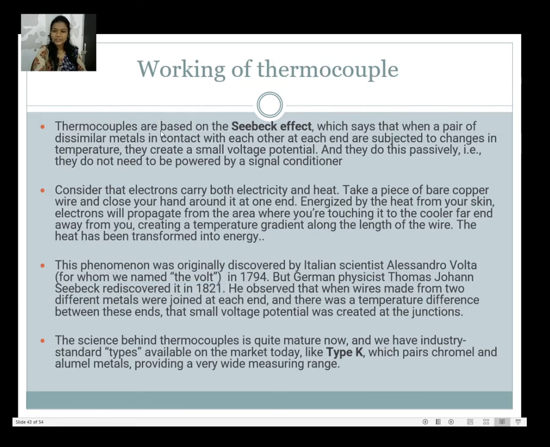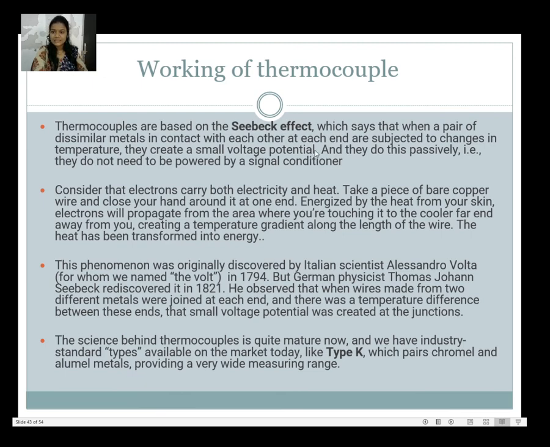The thermocouple is based on the Seebeck effect. What is meant by the Seebeck effect? It says that when a pair of dissimilar metals in contact with each other at each end are subjected to a change in temperature, they create a small voltage potential, and they do this passively. That is, they do not need to be powered by a signal conditioner. So this is the Seebeck effect.